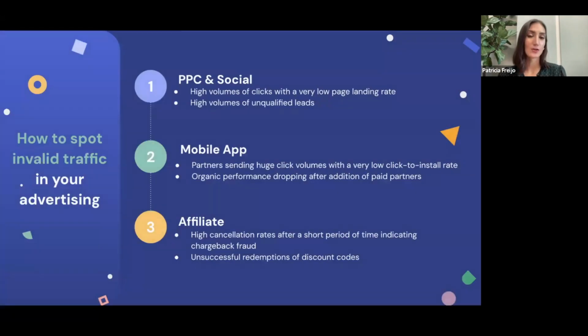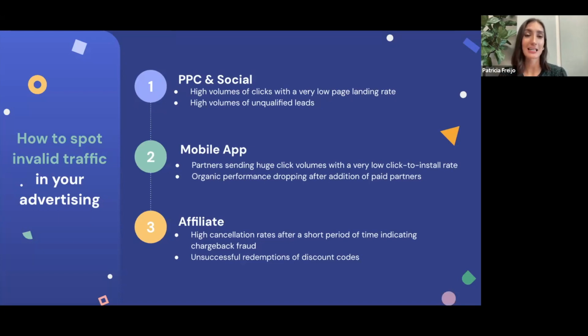Now, my recommendation is obviously always to work with an independent ad fraud specialist that can really help you understand what's going on across your campaigns and can actually help you prevent it. But before you even do that, there's already some signs that you can look at across your own data to realize whether you're being impacted by invalid traffic or not.